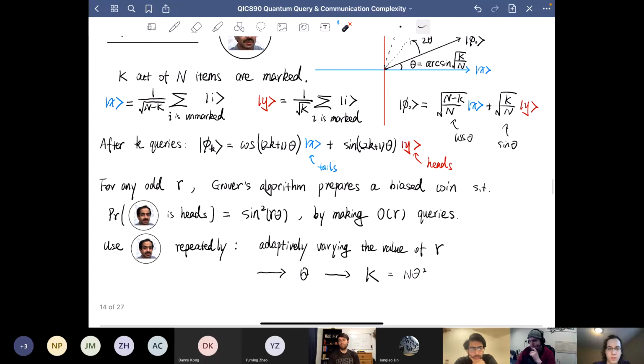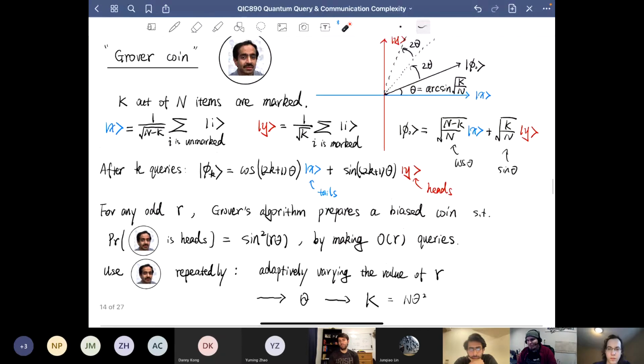And the trick here is you use this coin repeatedly, and each time you adaptively vary the value of r, and this will help you zero in on the correct value of theta. And since theta is basically arcsine of the square root of k over n, this will give you k.